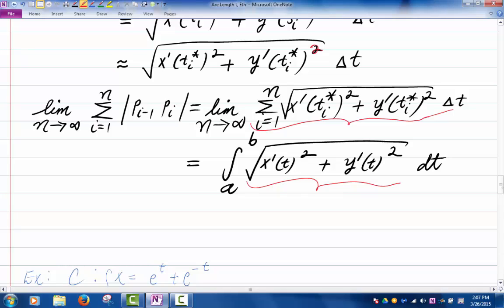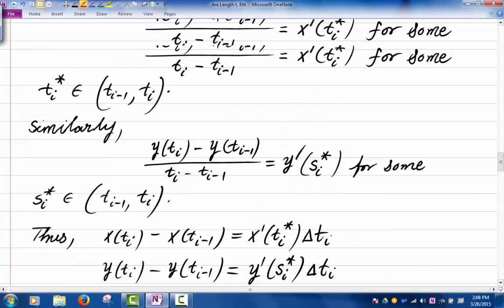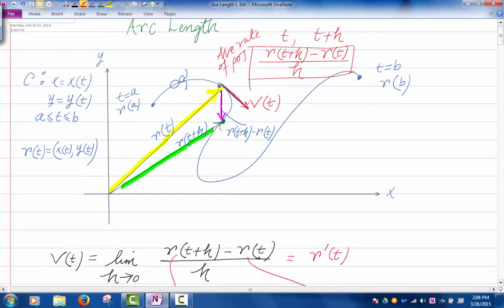All you're saying is that you take the derivative of the component functions, you square them, add them, take the square root, right? And then you integrate from a to b. One thing that I forgot to mention here is that you have to make sure that as t varies from a to b, the curve is traced exactly once.